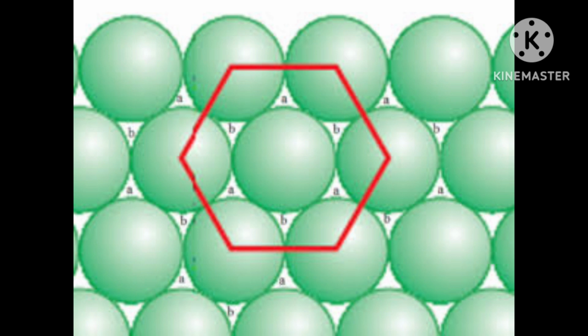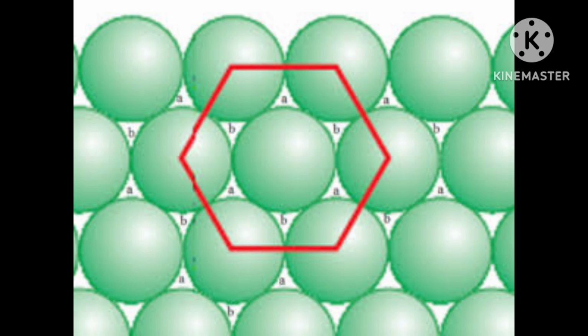Okay. Then close packing in three-dimensional. Here you have arranged height also, meaning two dimensions were there, length and breadth. Now above this first layer, you have put a second layer, third layer, fourth layer.